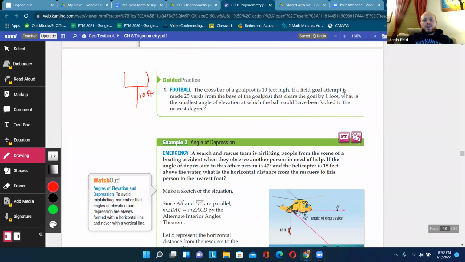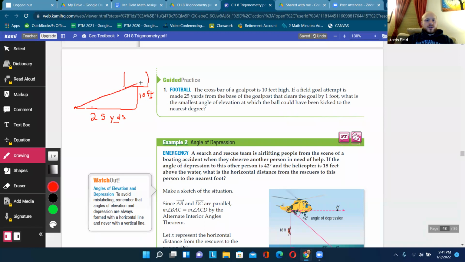If a field goal attempt is made 25 yards from the base of the goalpost, all right, so somewhere over here, and that's 25 yards. 10 feet, yards. We'll deal with that. It clears the goal by 1 foot.